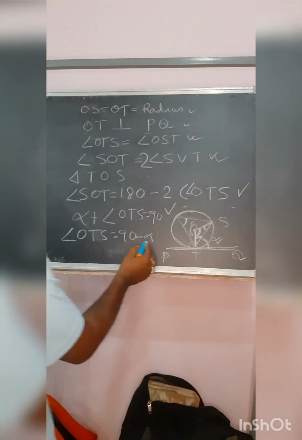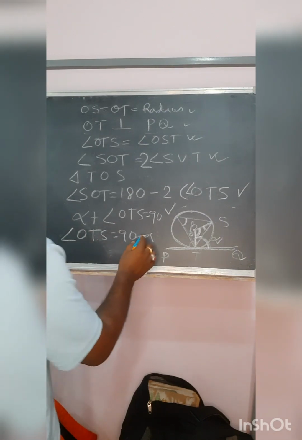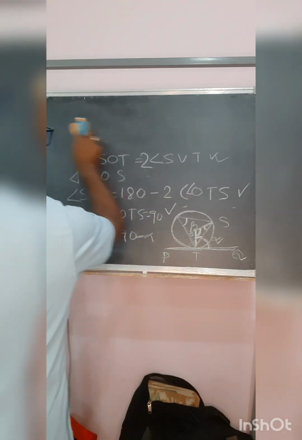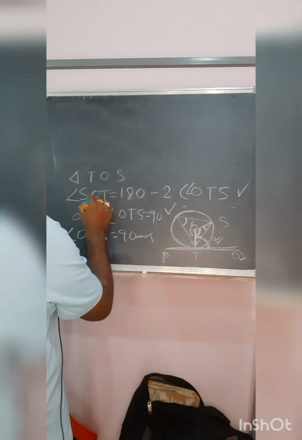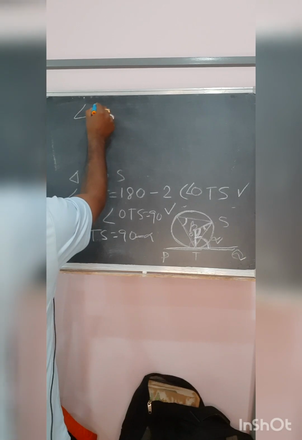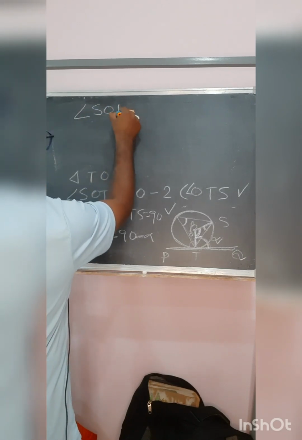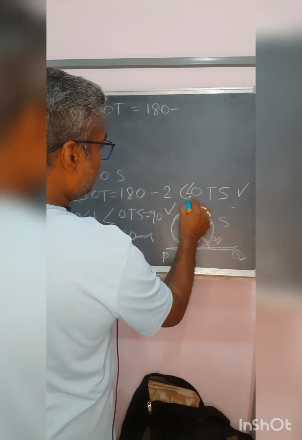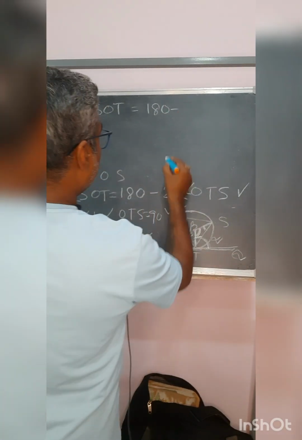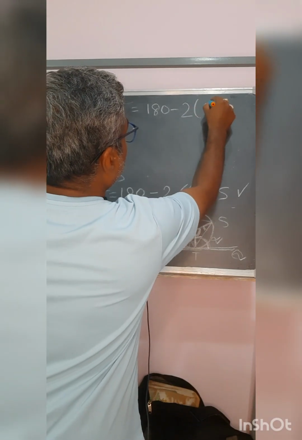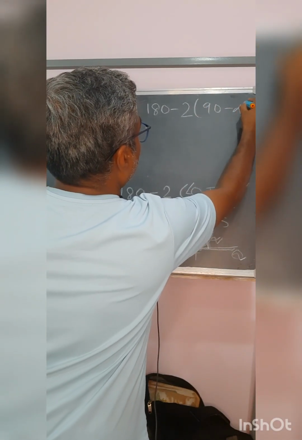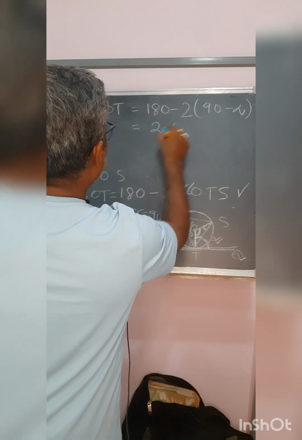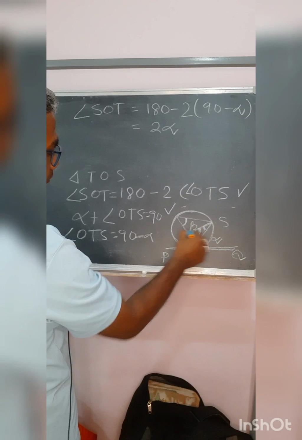On the top, from the earlier equation, angle SOT is equal to 180 minus 2 into OTS, which is 2 into 90 minus alpha. From there I can say this is nothing but 2 alpha. That means angle SOT is 2 alpha.